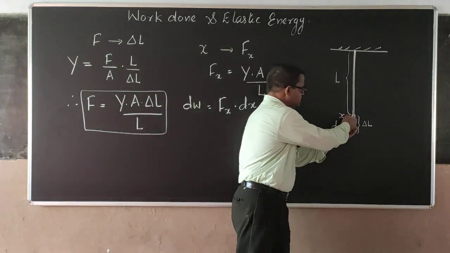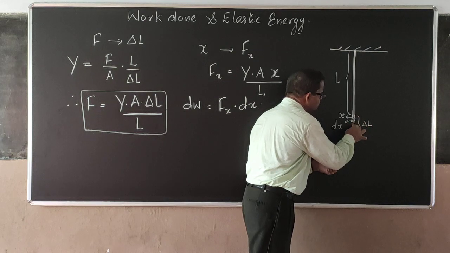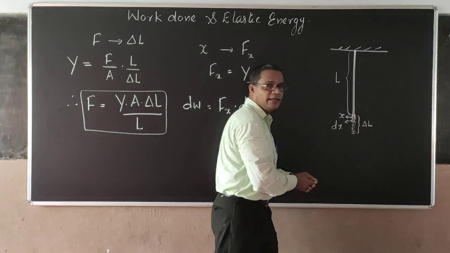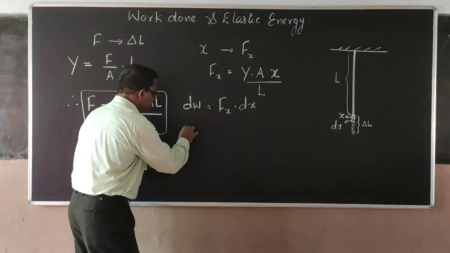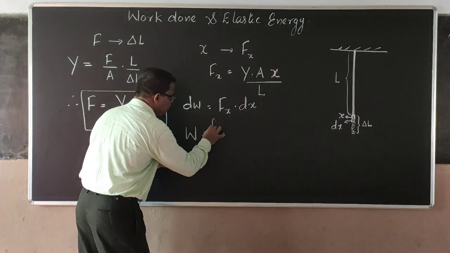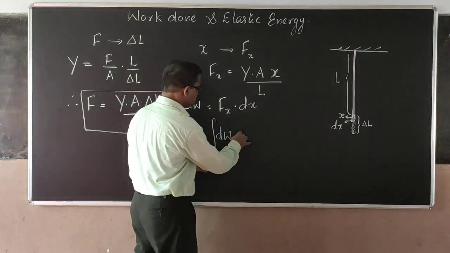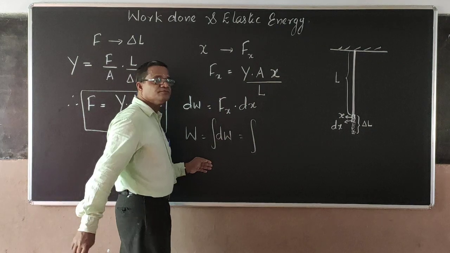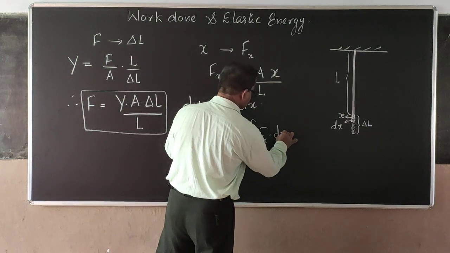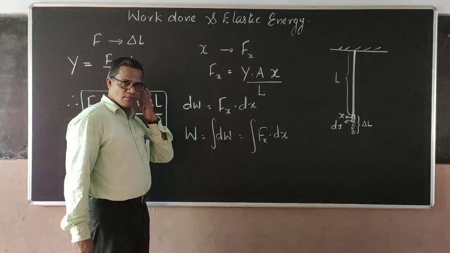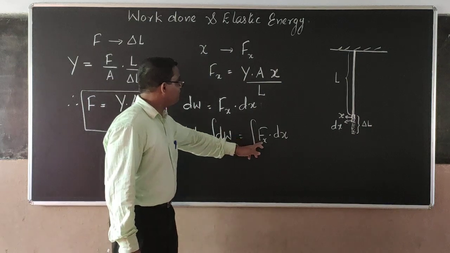Then like that, I keep adding the dx's along this delta L length to get the total work done. So what is the total work done? W will be equal to the integral of dW, that is, the integral of Fx dx. Understood this much? Okay. Now what is Fx?